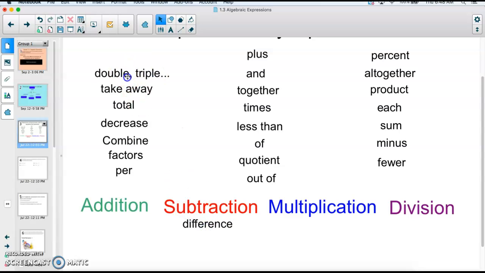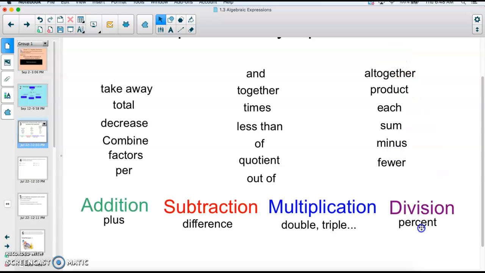Double or triple or quadruple or quintuple or whatever, that would probably fall under multiplication. Plus, obviously, that's addition. Percent, that would be under actually division.